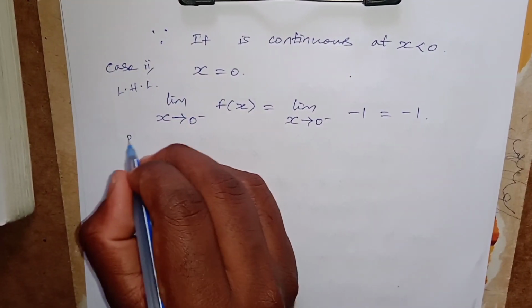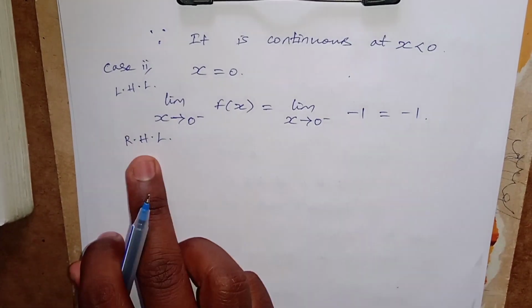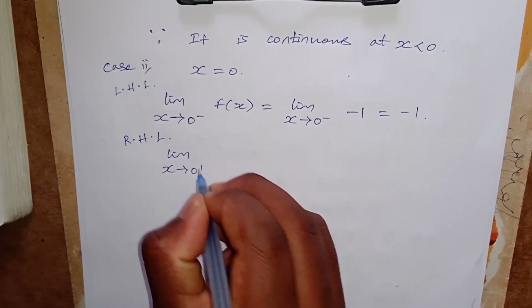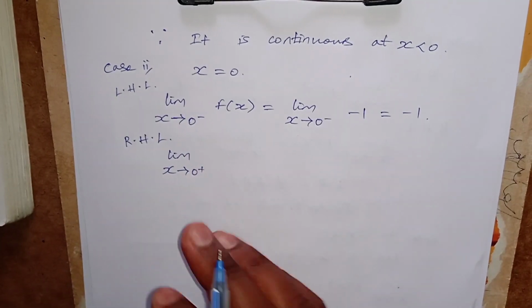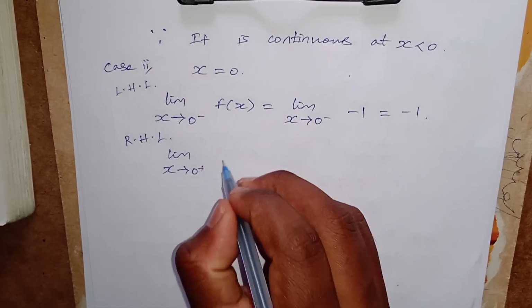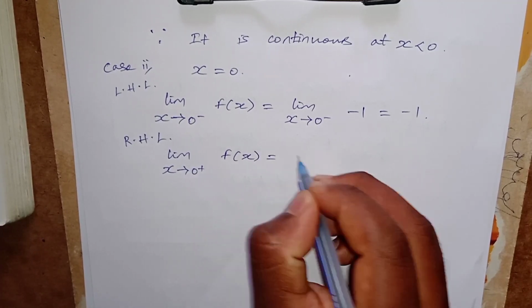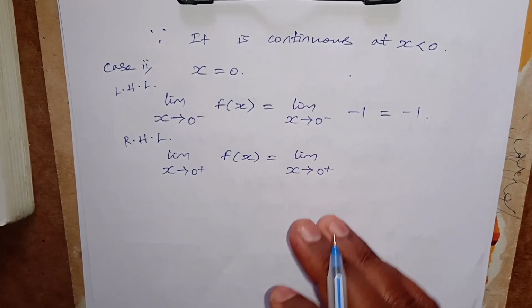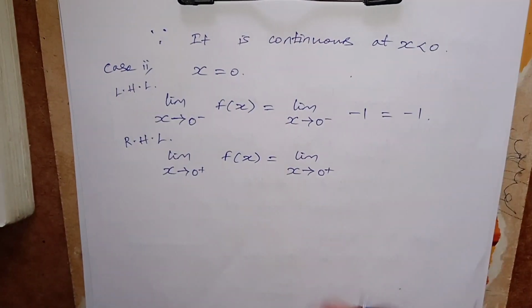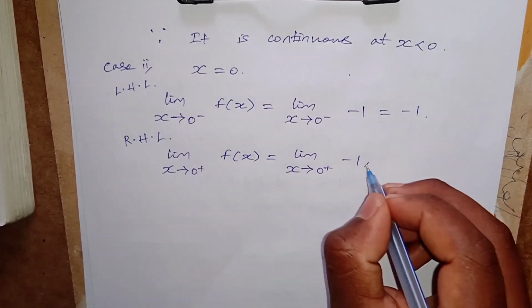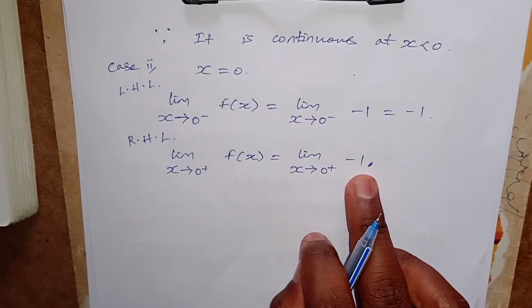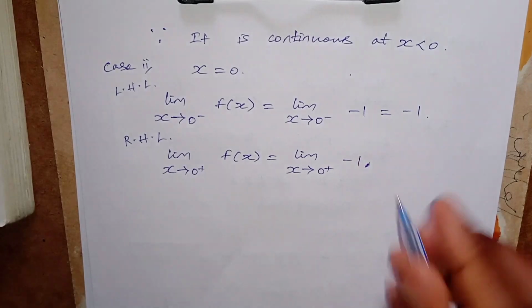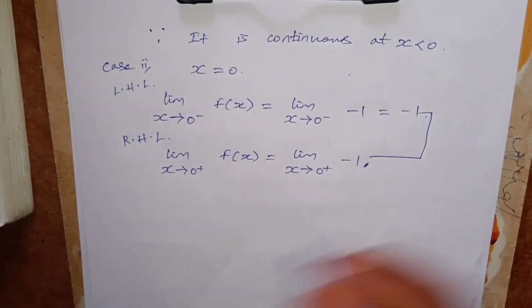Next, the right hand limit: limit x tends to 0 plus of f of x. You take values just greater than 0, and here also it is minus 1. We cannot substitute because x is not present here, therefore minus 1 is my answer.